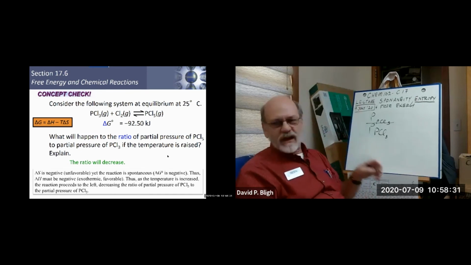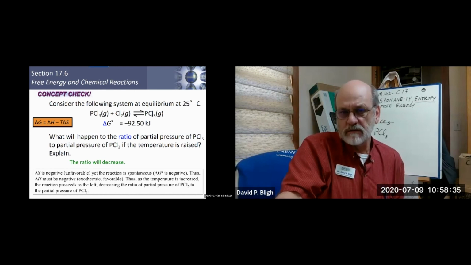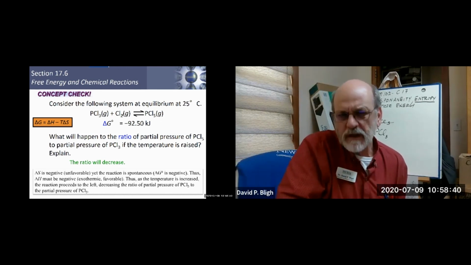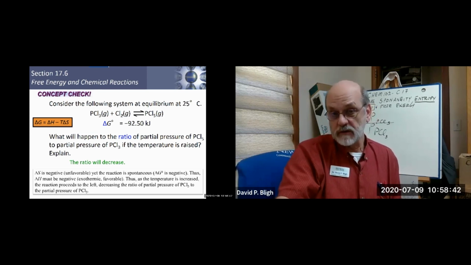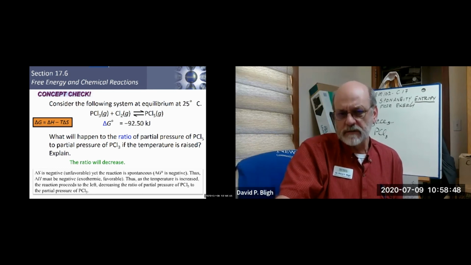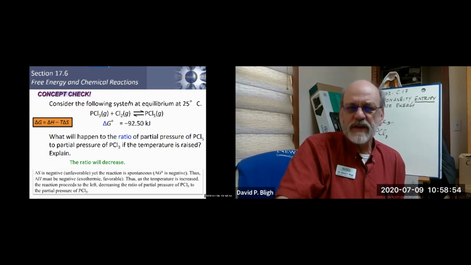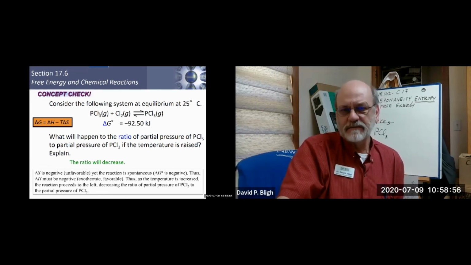You really can't tell from looking at that reaction that the partial pressure would change. Except that what? You can say something about the total pressure because you're going from 2 moles here to 1 mole there. So the total pressure should decrease. But the pressure of this versus that, how is that affected?